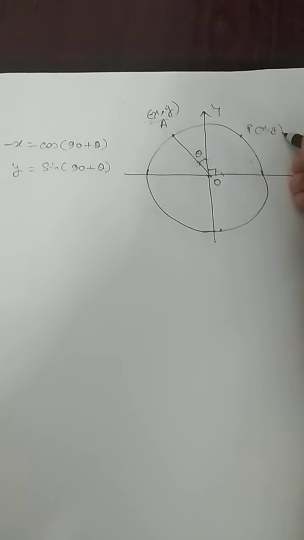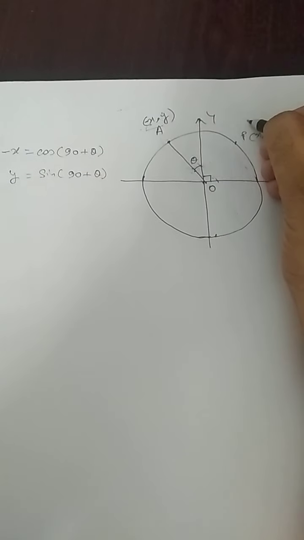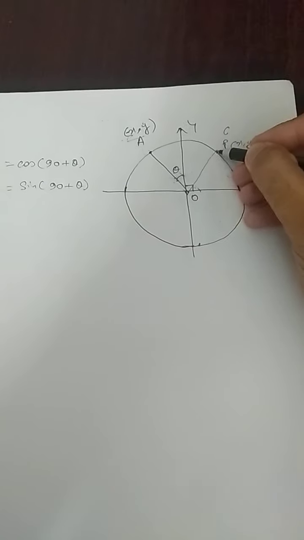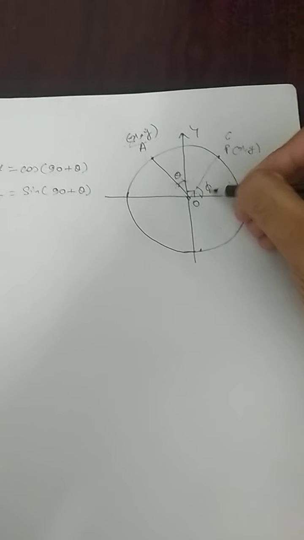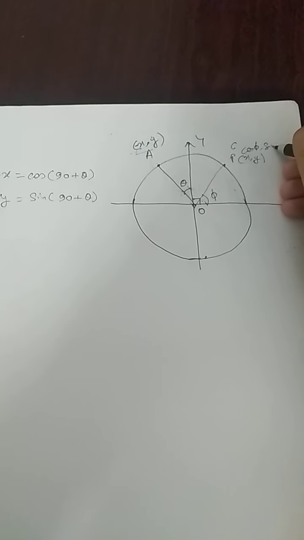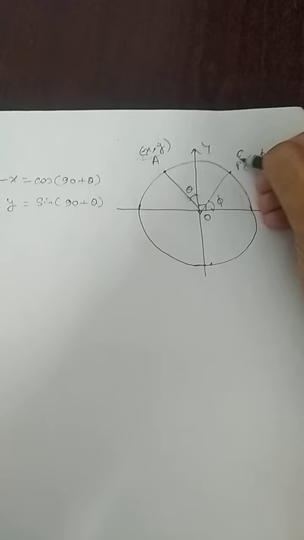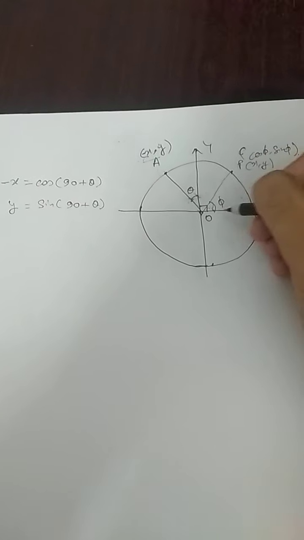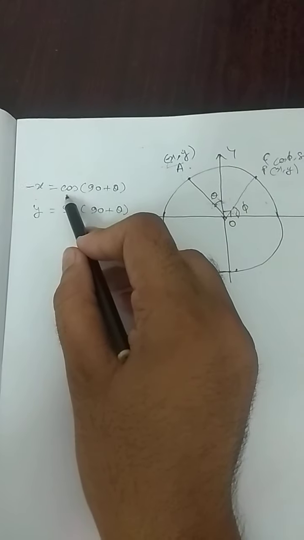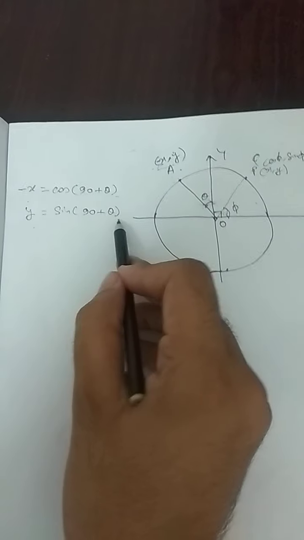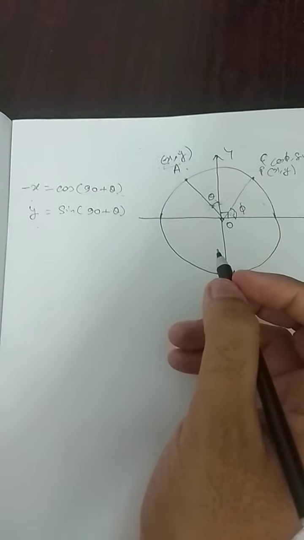As for any point P, if the coordinates are (x, y) and it is forming an angle say phi, then it can be written as (cos phi, sin phi), that we have already discussed. Similarly, this total angle is 90 plus theta, therefore we can write minus x is equal to cos of 90 plus theta and y is equal to sin of 90 plus theta.